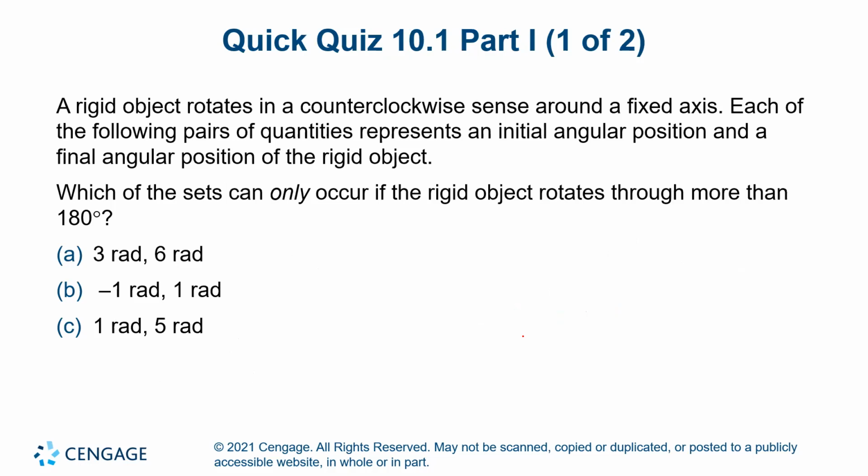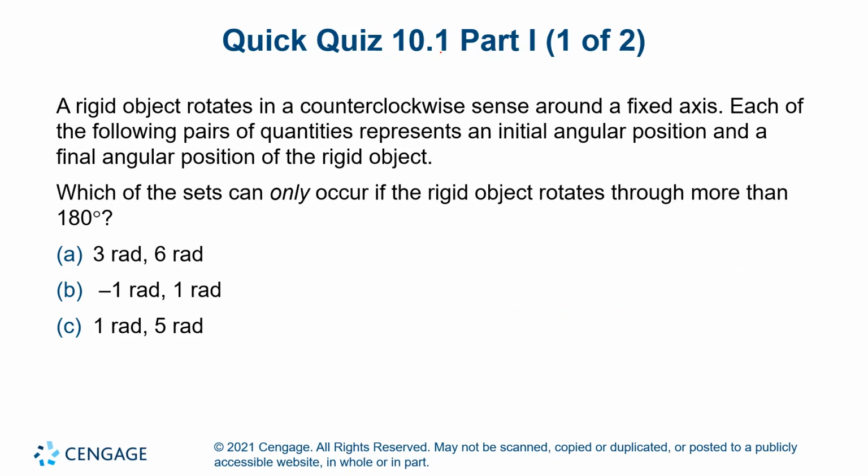Okay, let me just try to answer this. A rigid object rotates in a counterclockwise sense around a fixed axis. Each of the following pairs of quantities represents an initial angular position and a final angular position of the rigid object.